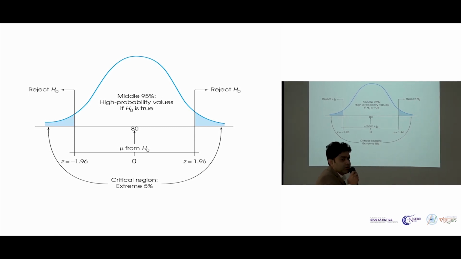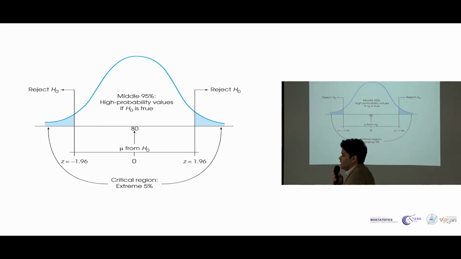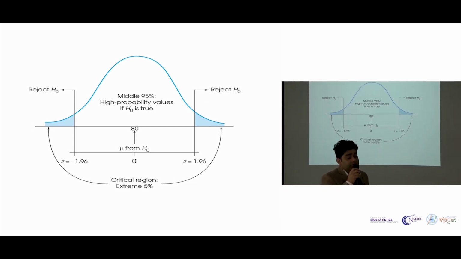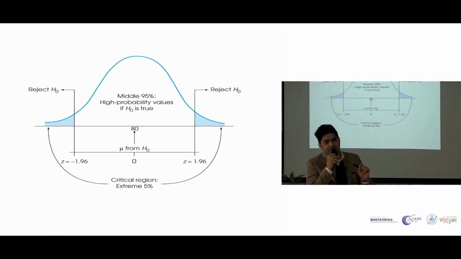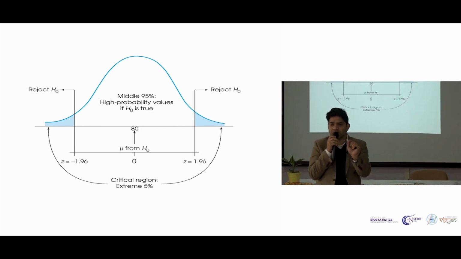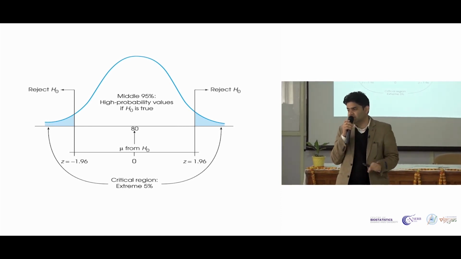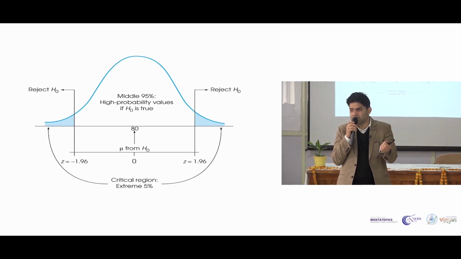So whenever you are making a statement in testing of hypothesis that the null hypothesis is rejected and we are getting a significant finding, always pay attention and write at what level of significance you are getting the p-value, whether it is a 95% confidence interval or a 99% confidence interval.